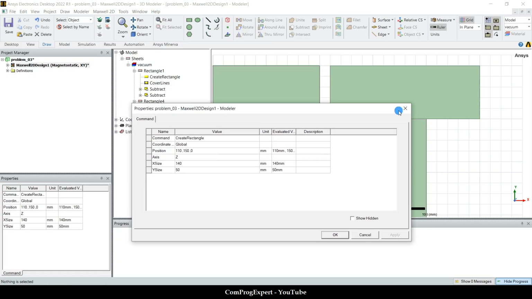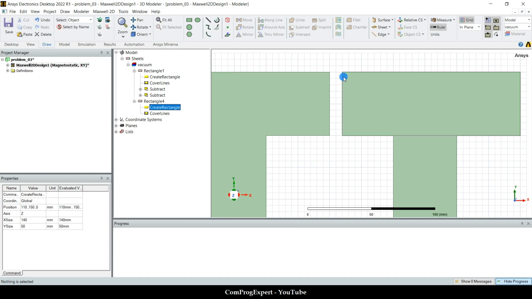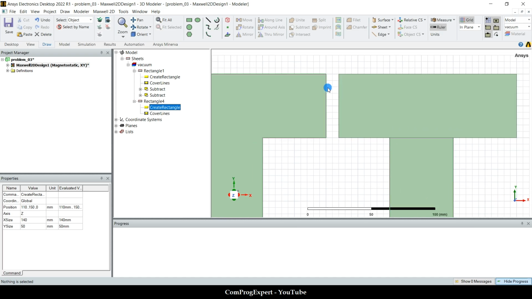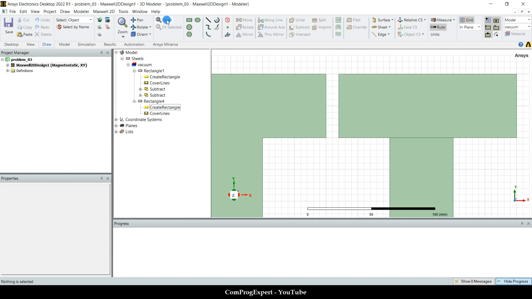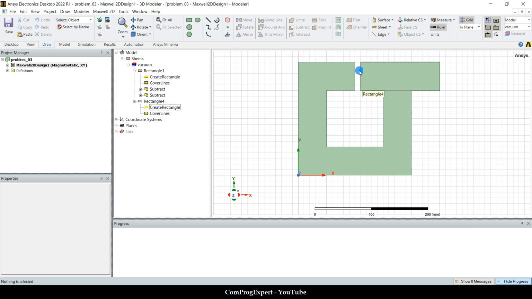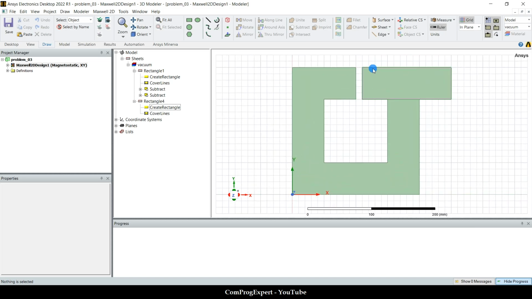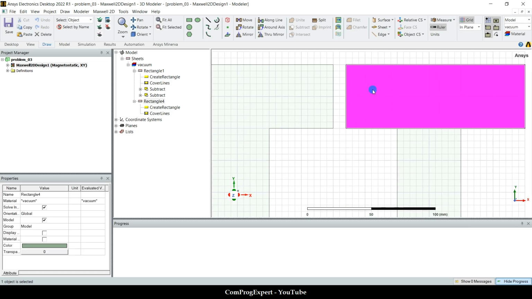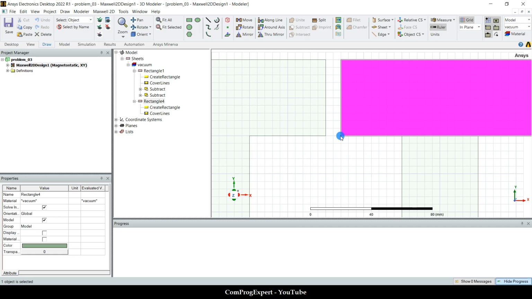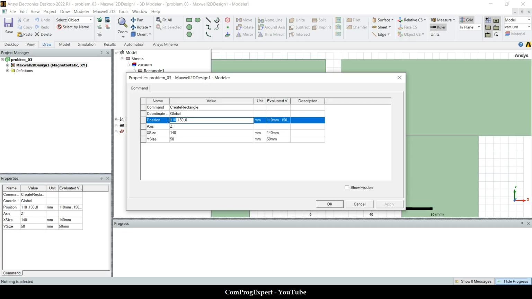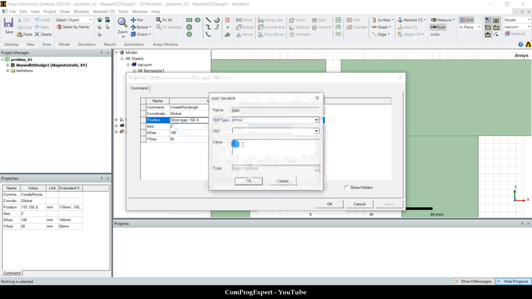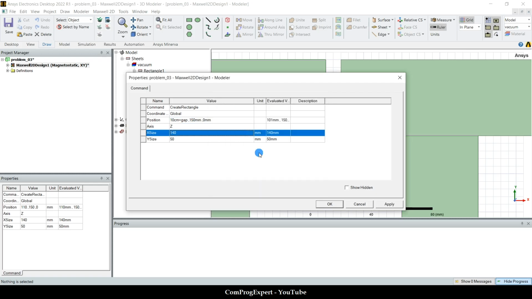For the moving part, I am going to define this parameter, the air gap thickness, to have a parametric model and change the value of the air gap thickness. So here, what are the coordinates of this corner point for this rectangle? This is equal to 10 centimeters plus gap, and the value of the gap, let's consider 1 millimeter.